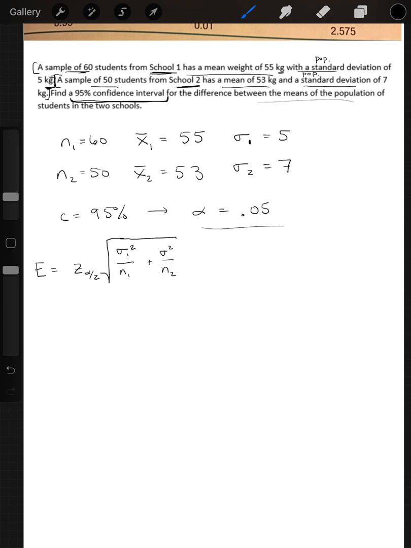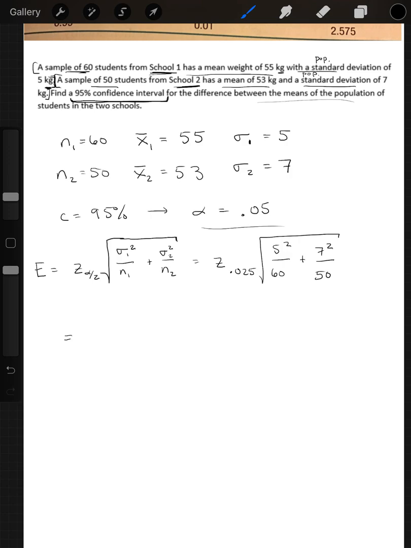That order, again, really doesn't matter, as long as the 1s are on top of the 1s and the 2s are on top of the 2s. Right, so this is Z 0.025 times the square root of 5 squared divided by 60 plus 7 squared divided by 50.